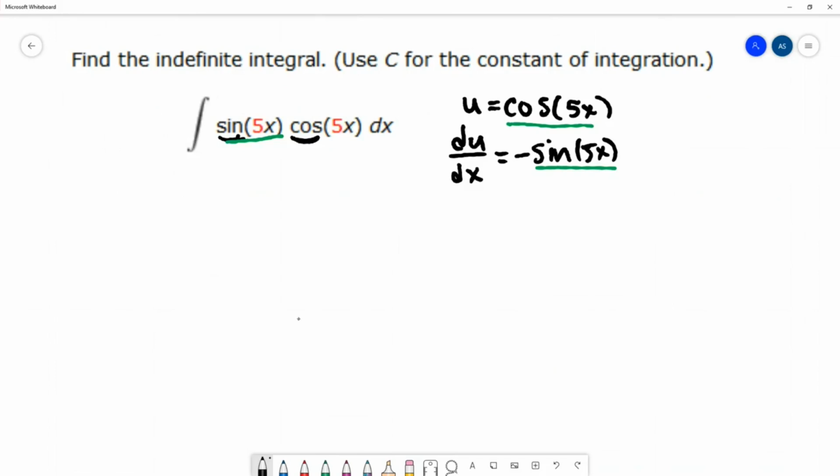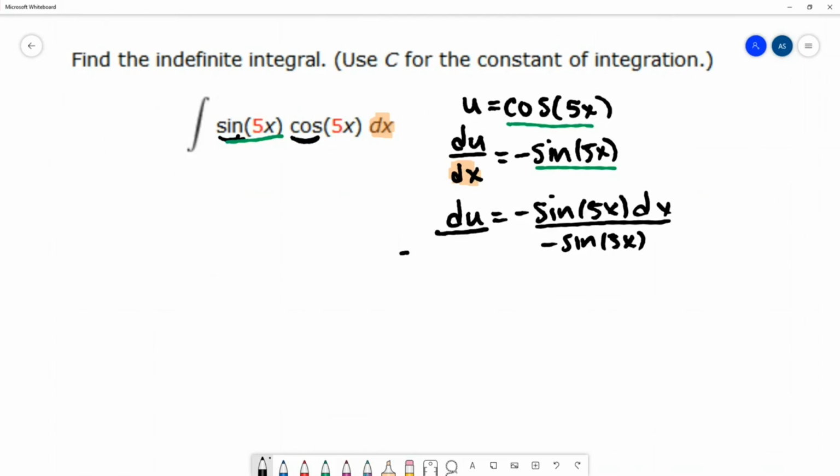Let's go ahead and rearrange solving for dx because I'd like to substitute for dx. That would give du equals negative sine of 5x dx, and I'll divide by negative sine of 5x on both sides. So that will give dx equals du.